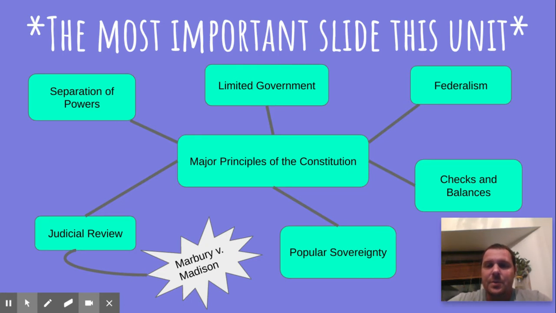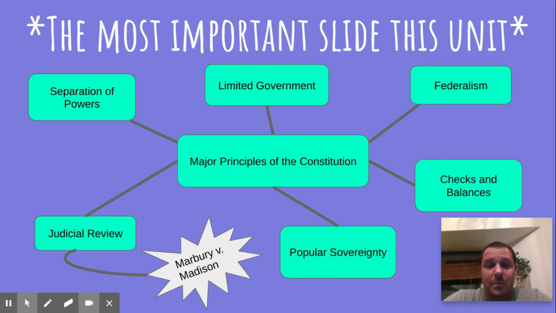So the third principle over here, about 3 o'clock, is checks and balances. A lot of students have heard of checks and balances. They are familiar with the concept, but maybe don't know a lot of examples of checks and balances. So basically, there's 3 branches of government, and they all have different powers. But one of the things that is embedded in the Constitution is the ability of each of those branches to check the power of other branches.